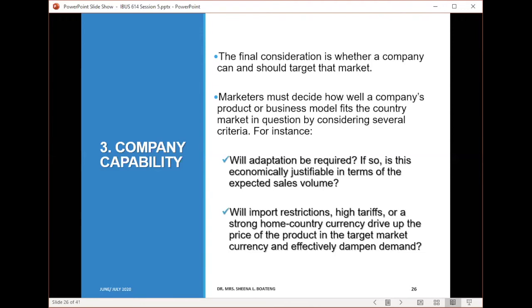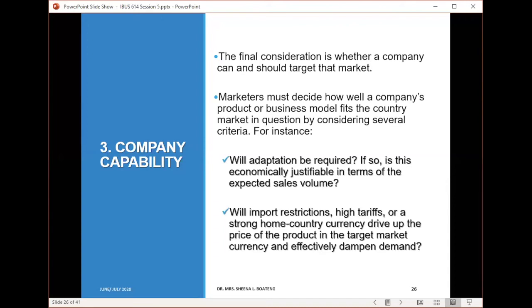Companies also need to think about import restrictions. We learned this about the Indian market in Apple, where all the parts and hardware that were not manufactured in India were subjected to very high tariffs when they were being imported into the country. So the marketer who is marketing in this global market needs to ask themselves whether import restrictions, high tariffs, or perhaps the home currency value as compared with the currency value of the destination, will affect the product or service that they are trying to go and sell in the target market?